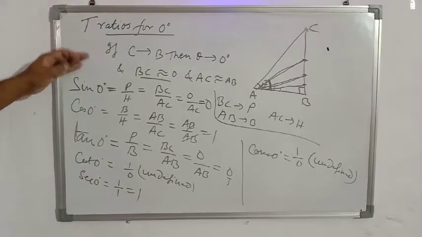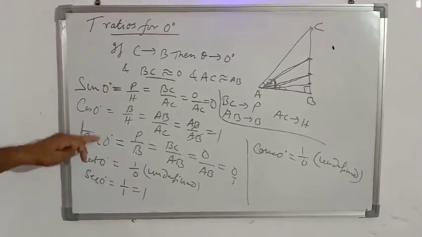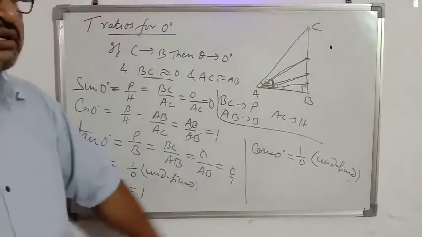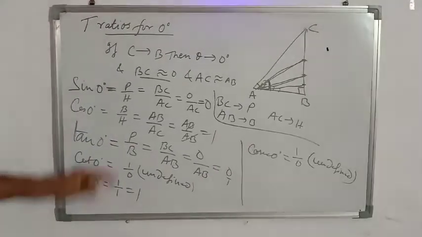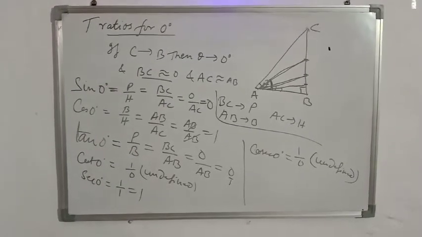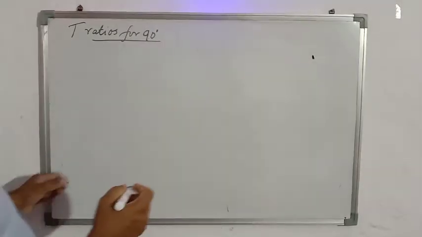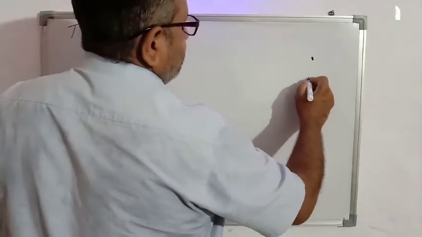So in this way we have found the values of trigonometrical ratios for 0 degree: sin 0, cos 0, tan 0, cot, sec and cosec 0. Now one more angle remaining, trigonometrical ratios for 90 degree. Again we will take a right angle triangle.